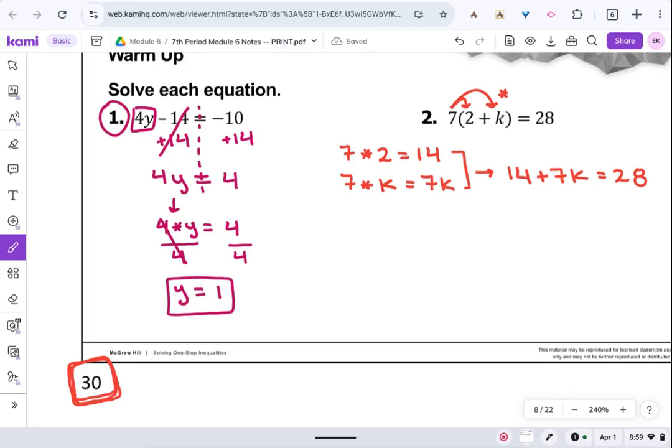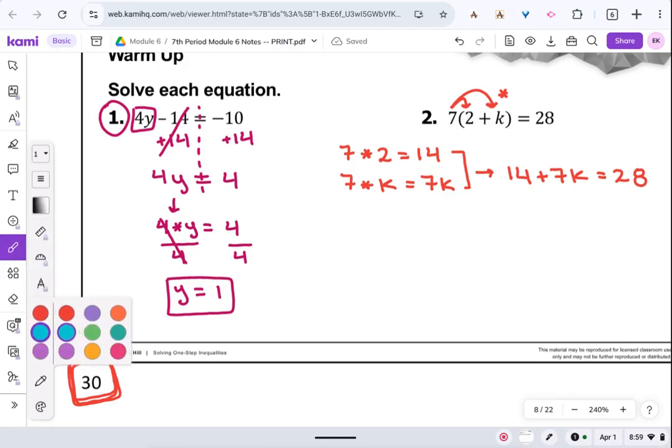So in this case, these look like problems we've been practicing, so I'm going to keep the 7 with the k because they're buddied up right now. The 14 is positive, so I'm going to subtract the 14 from both sides. These are going to cancel.